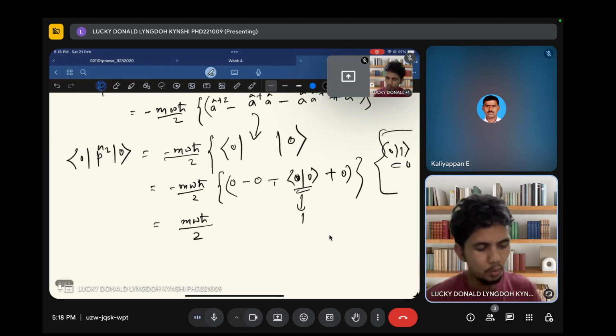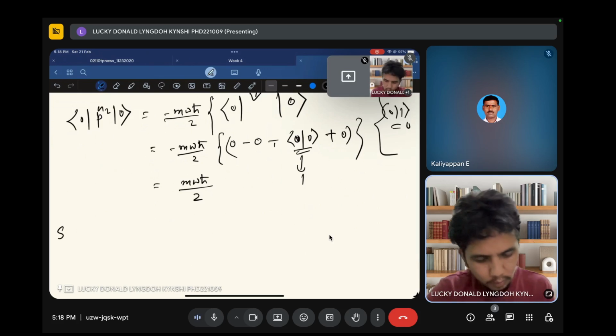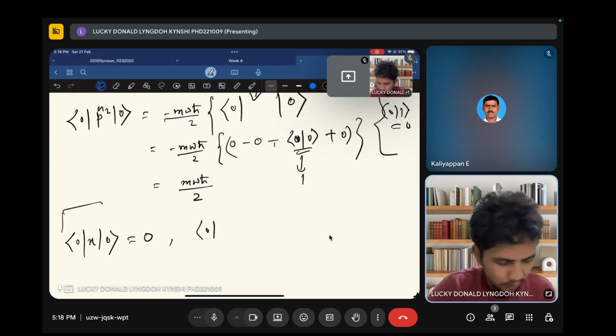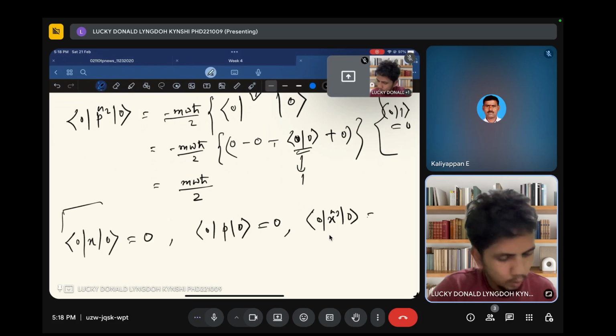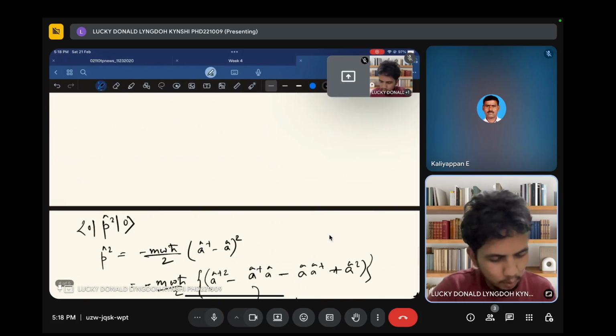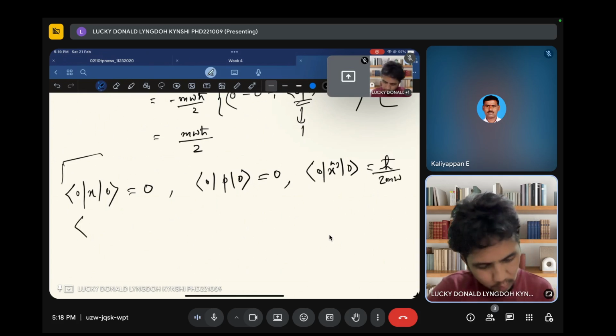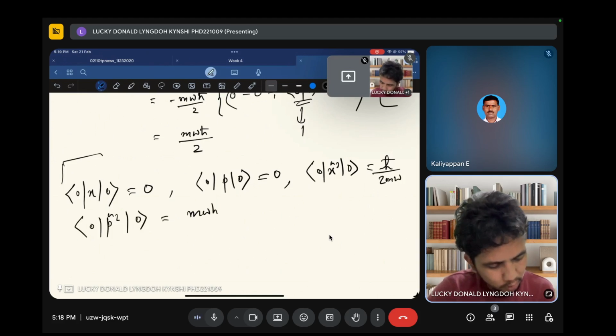So now if I want to write the final answer, what happened? Expectation value of x in state 0 equals 0. This is what we found. Expectation value of p is also equal to 0. Next, expectation value of x cap square in state 0 will be equal to h cross by 2m omega, and finally <0|p cap square|0> equals m omega h cross by 2.